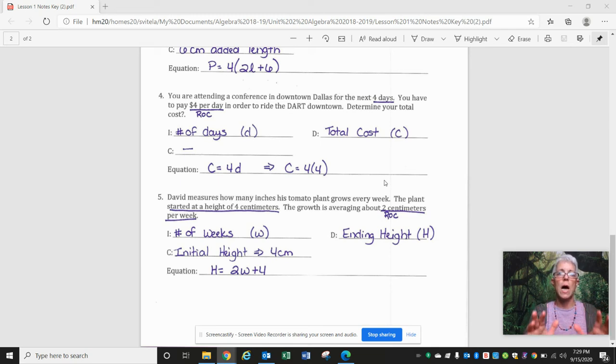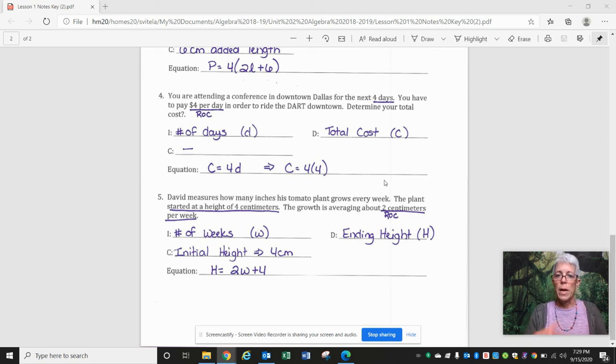This one does not have a constant. So what it says here is that you're attending a conference in downtown Dallas for the next 4 days. You have to pay $4 per day in order to ride the DART downtown. That's the bus system or the subway system. Determine your total cost.